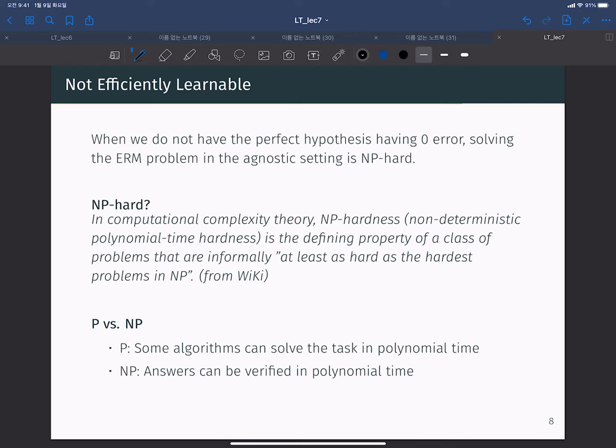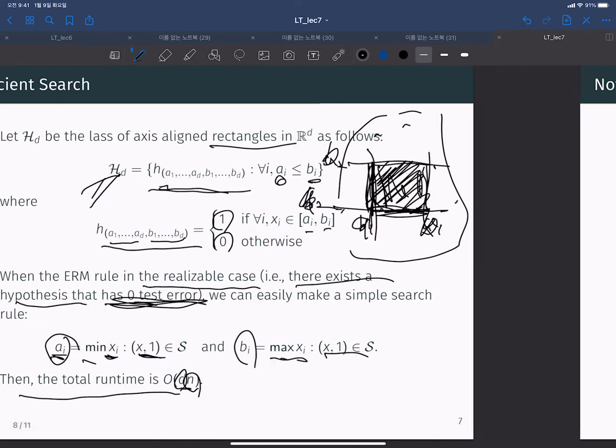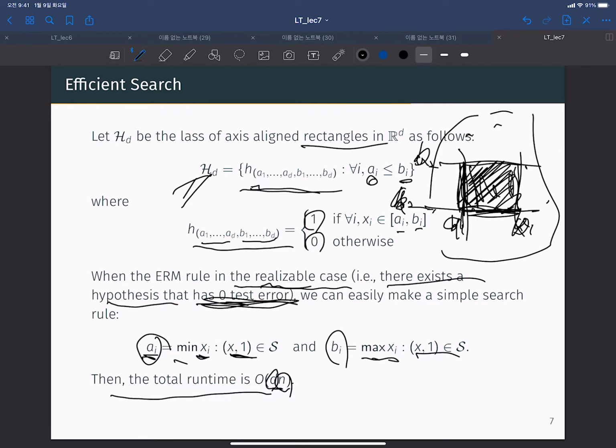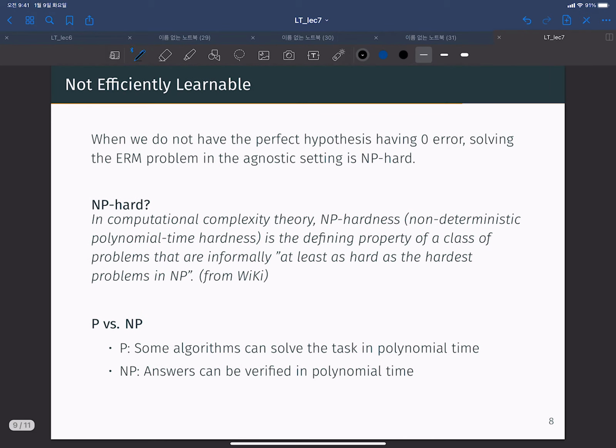But unfortunately, when we do not have the perfect hypothesis, so we don't have the realizable case, then solving the ERM problem in the agnostic setting is NP-hard. It's known to be NP-hard. So what is NP-hard?